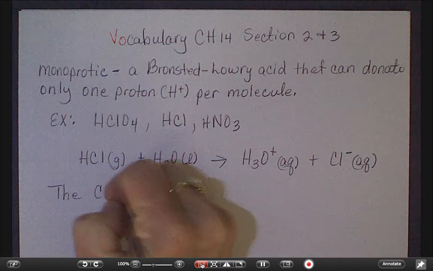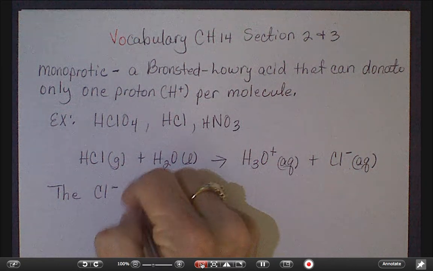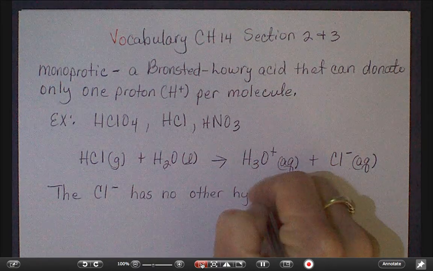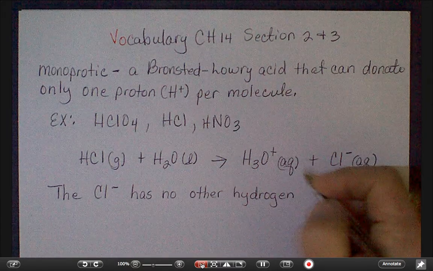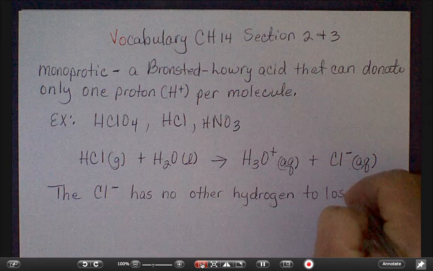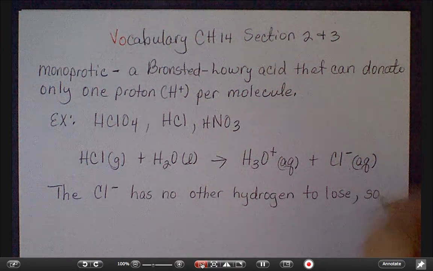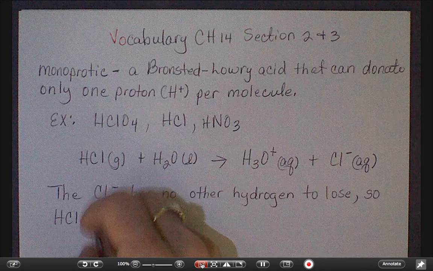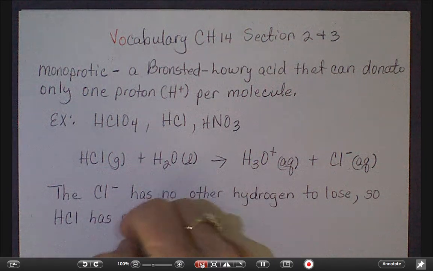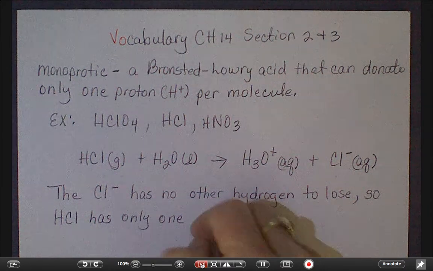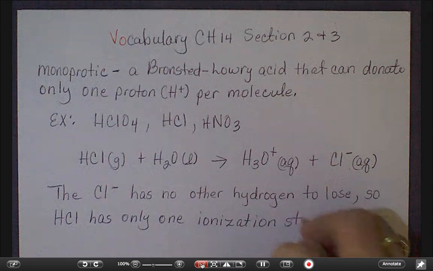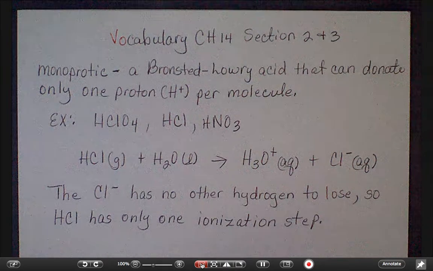The Cl minus has no other hydrogen to lose. So HCl has only one ionization step.